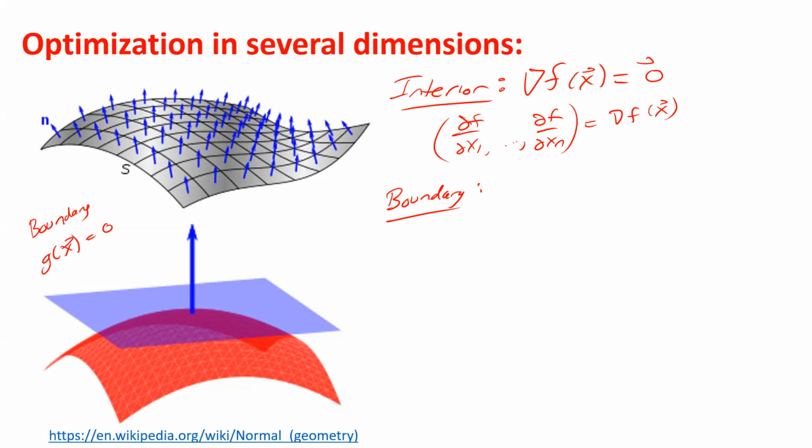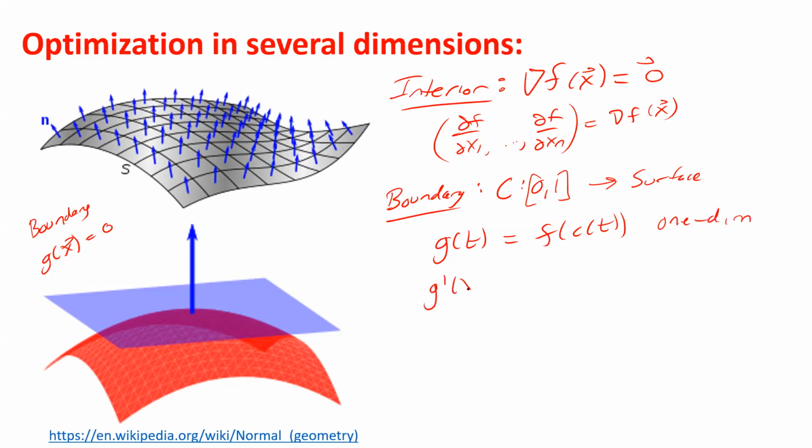Here's an example where the boundary is 2 dimensional. You could take some curve c from the interval [0,1] to your surface, and look at a new function g of t equals f of c of t. Now this is a one-dimensional problem.